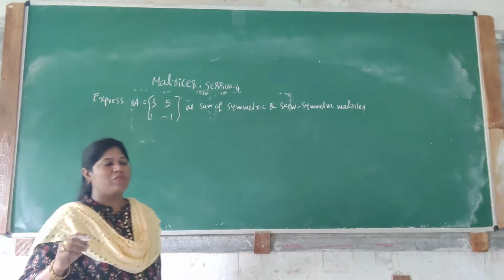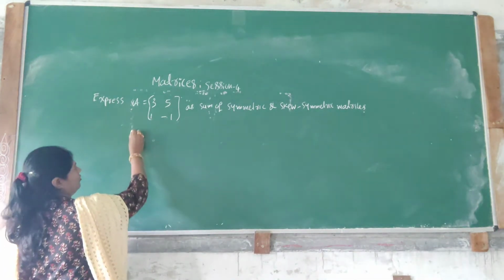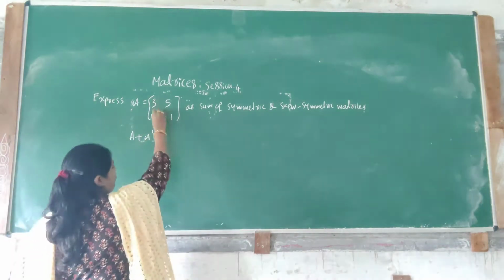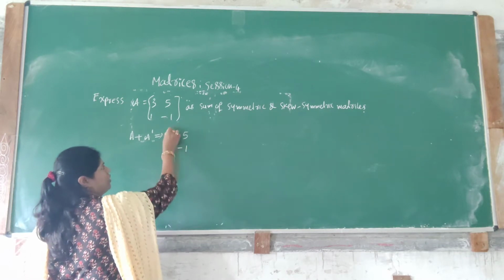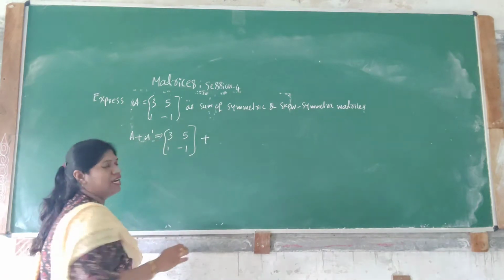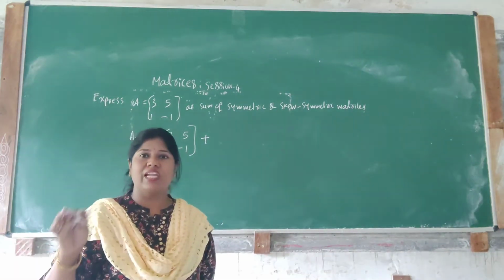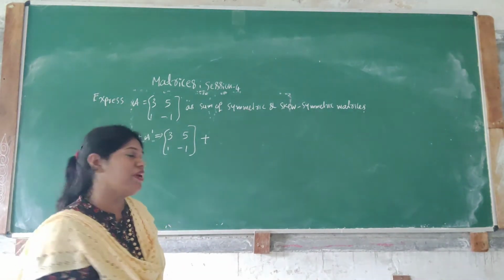So what is the formula? A is equal to P plus Q, where P is equal to A plus A dash. We'll do A plus A dash first. What is A? 3, 5, 1, minus 1. A dash is the transpose of the matrix A. Interchanging of rows and columns is called the transpose of the matrix.